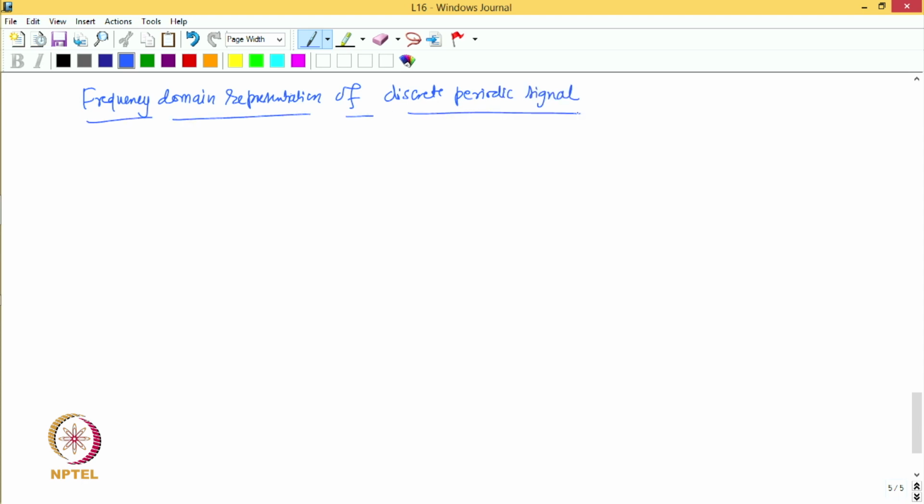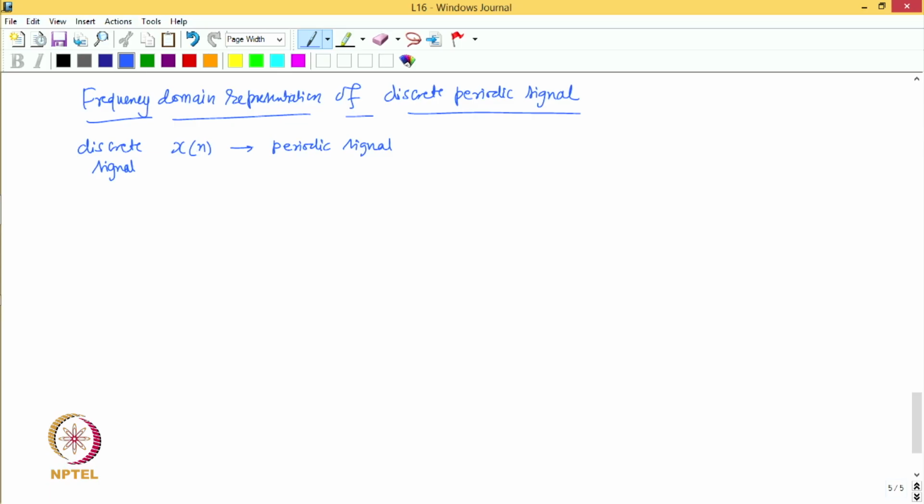So, here now we are assuming that the signal we have recorded, that is say x of n, the discrete signal, is a periodic discrete signal. So, this is discrete signal x of n, and let us say it is a periodic signal.